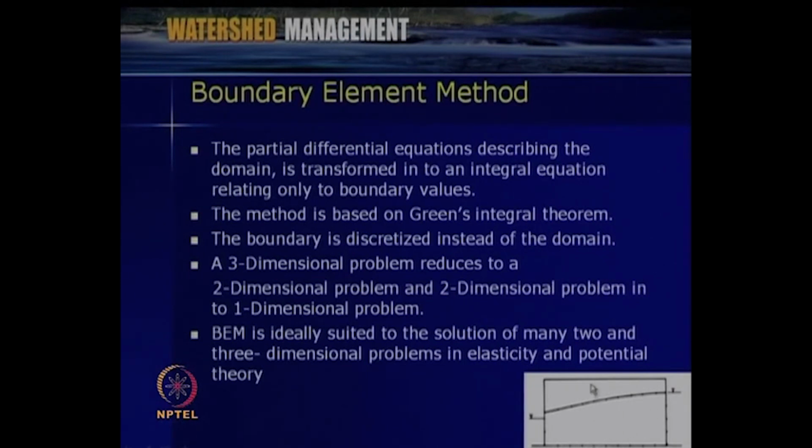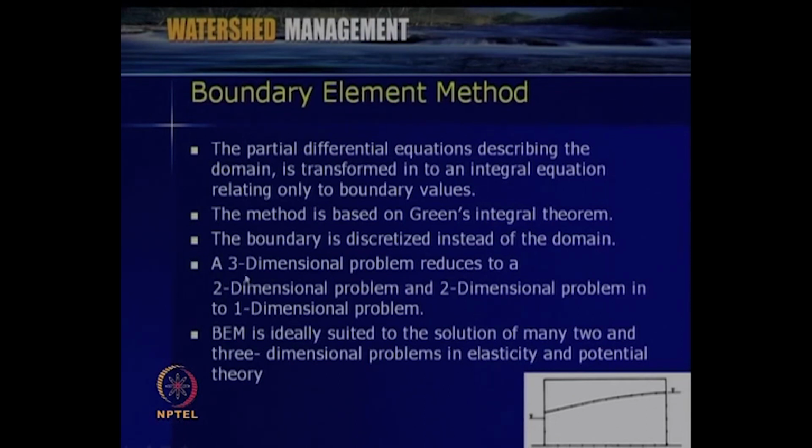Actually, the partial differential equations describing the domain are transformed into an integral equation relating only to boundary values. The method is based upon Green's integral theorem, and the boundary is discretized instead of the total domain. You can see that this is the boundary. First we discretize the boundary, and then to identify various values in the internal domain, we consider various nodes at various locations.